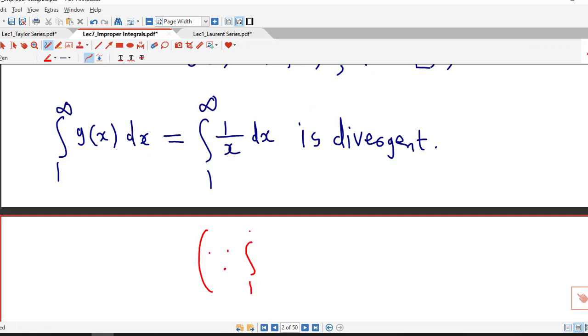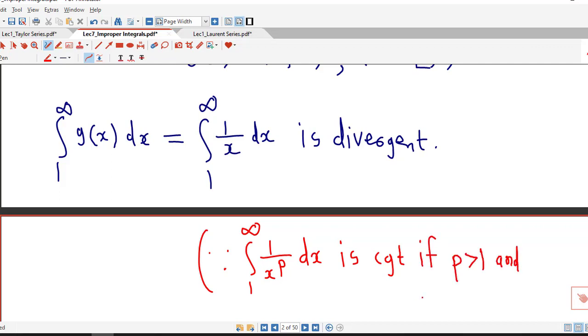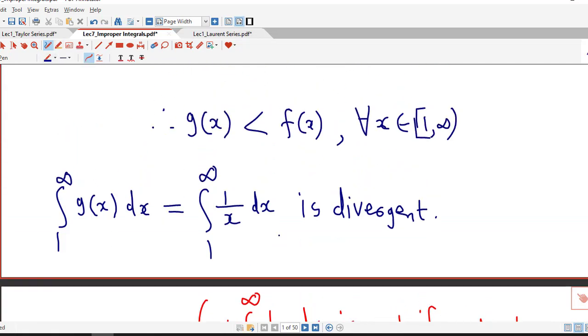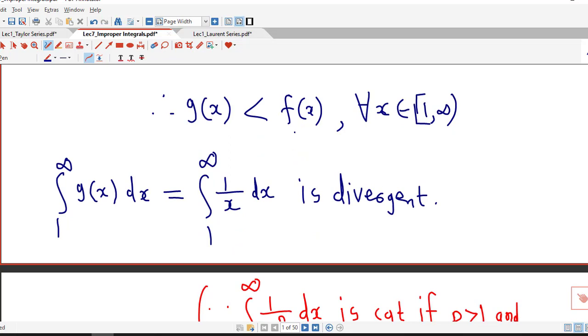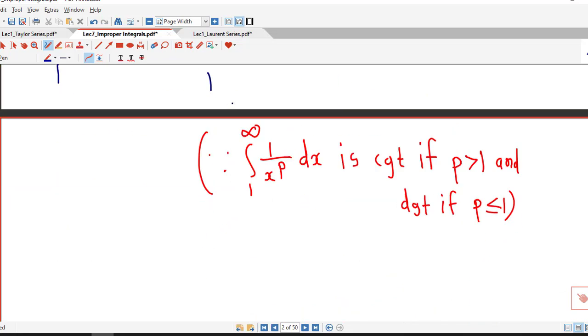We are using the result which we discussed in the previous lecture, that this p integral is convergent if p is greater than 1 and divergent if p is less than or equal to 1. Here p equals 1, so this integral is divergent, and fx is bigger than gx.